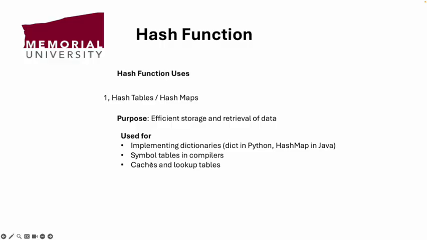Compilers use symbol tables because data retrieval is very fast, making the entire compile process faster.